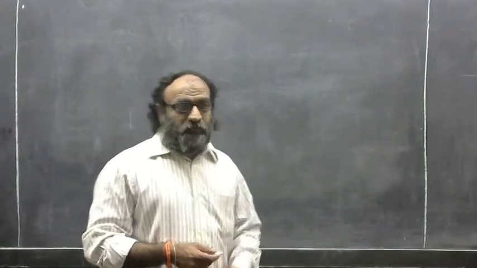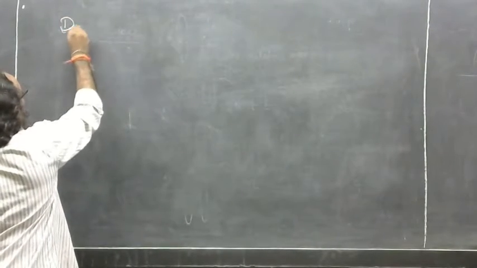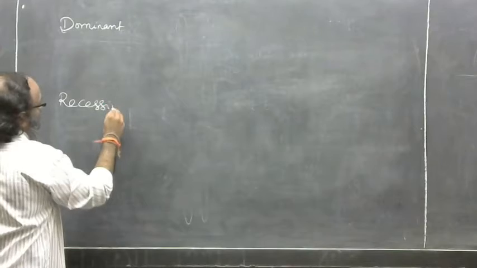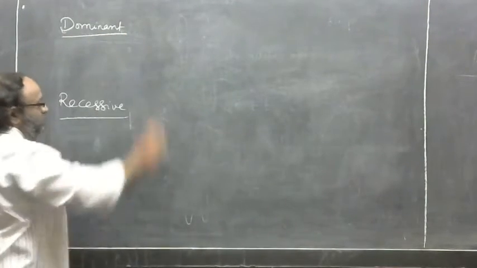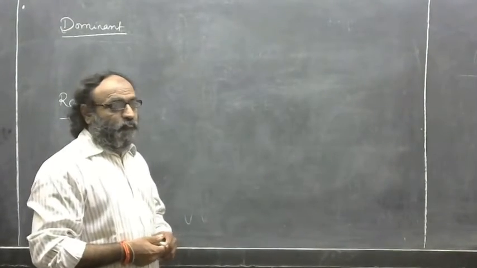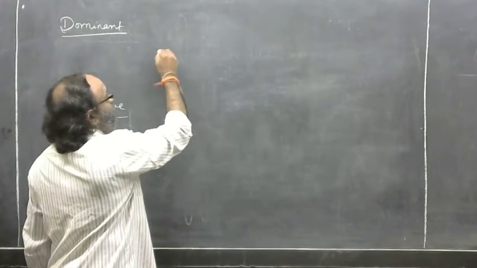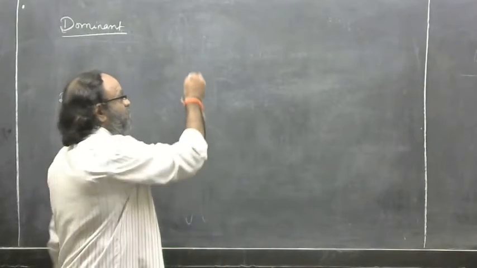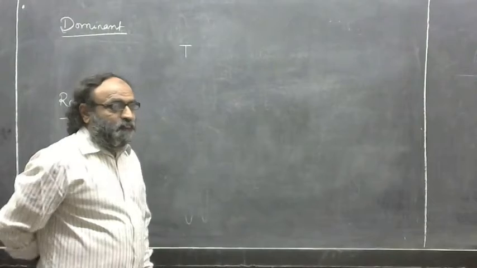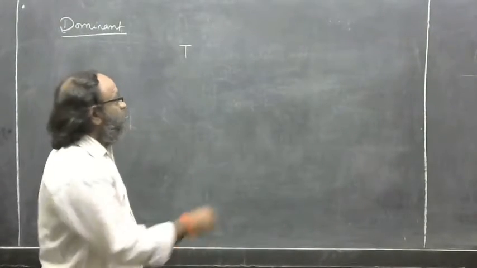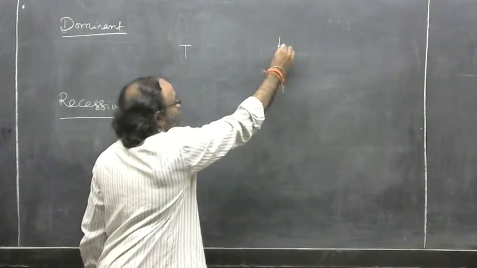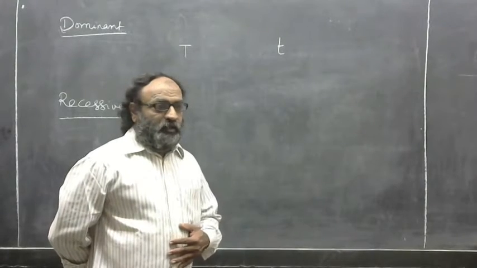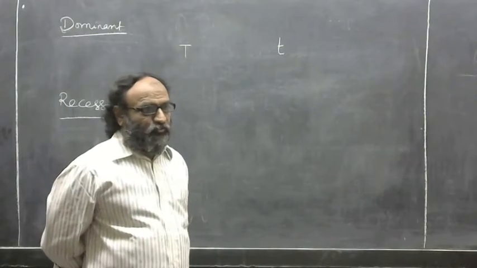Now let me explain what is dominant and what is recessive. Suppose for the character height, I take capital T for tall or tallness, and small t for dwarfness, that is short.